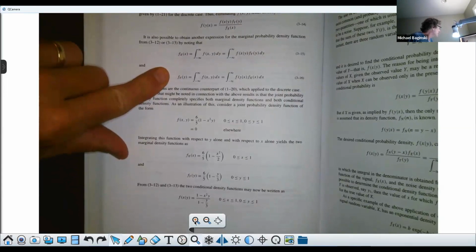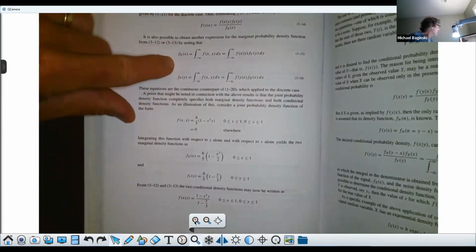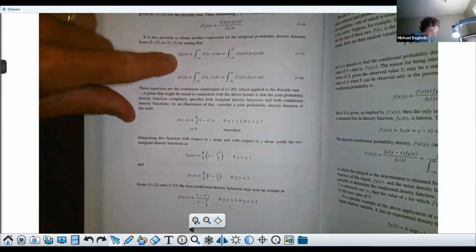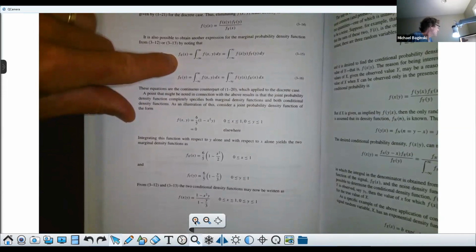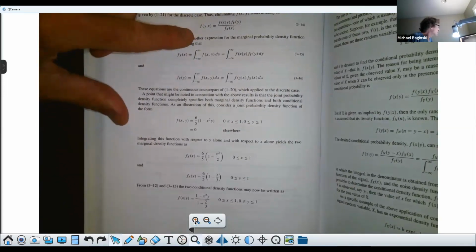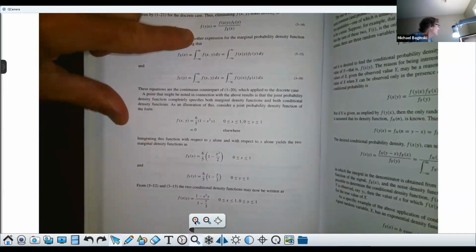Actually, we can go up here. So f of x, technically it's the integral of f of x, y dy, but you can replace it with f of x, y. Look at 314 for a second. You see f of y given x is now written as f of x, y over f of x.